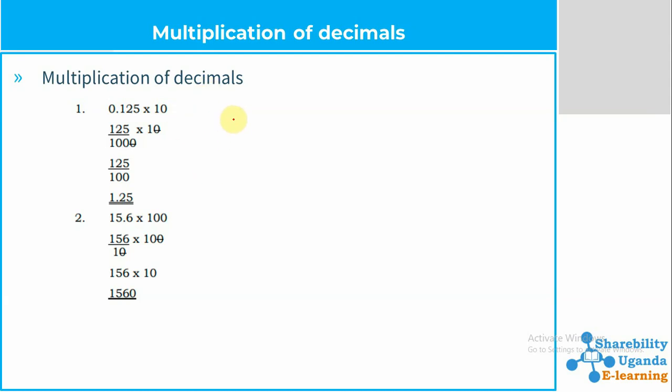Now when you have 0.125 multiplied by 10, the 0 in the 10 makes our point move one place.